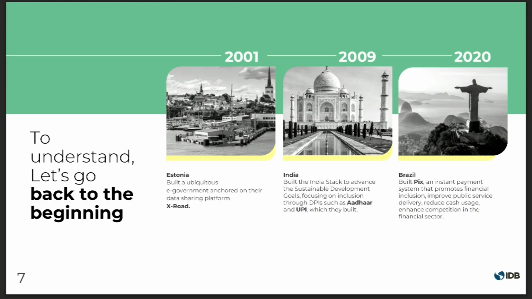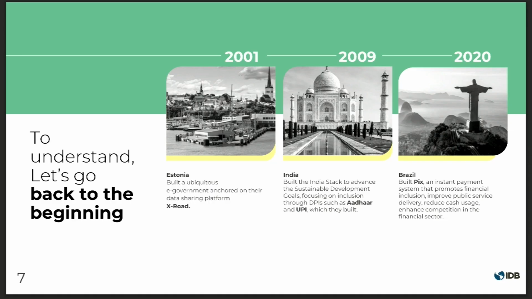Most of the population was without a national ID, which meant that the government could not deliver social protection benefits to them, and they needed a scalable way to reach 1.4 billion people. And they built Aadhaar. And then you cut to 2020, you have Brazil building PIX to guarantee inclusivity in the banking system, increase efficiency, reduce use of cash, and all of that we already know.